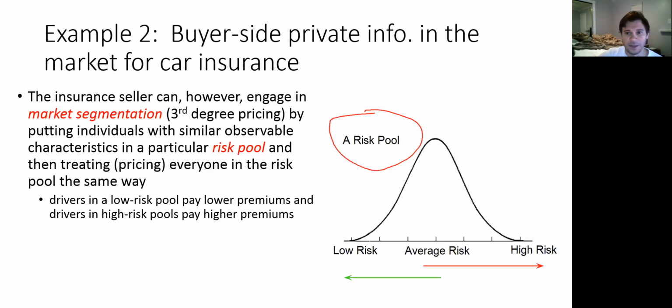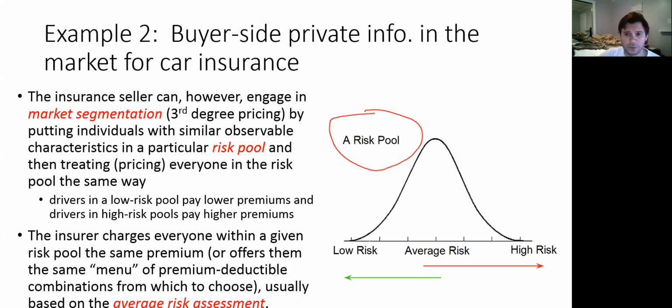So drivers in a low risk pool would be paying lower premiums and drivers in higher risk pools would be paying higher premiums. Within a given risk pool, the insurer is charging everyone the same premium. And with more information, what can the insurer do?